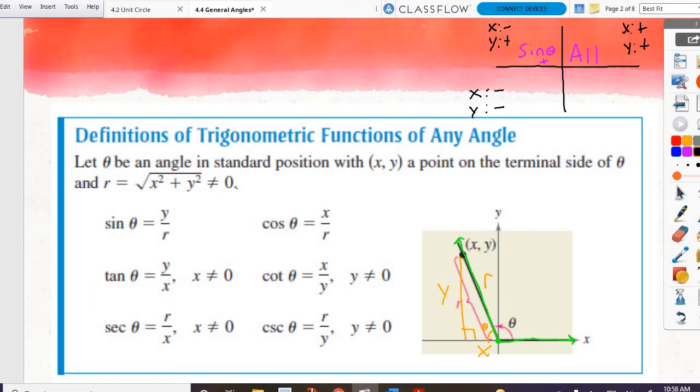Can I end up with a negative if I take the square root of a positive number? No. So r always has to be positive. So if I have a negative divided by a positive, what's sine going to be? Negative. If I have a negative divided by a positive, what's cosine going to be? Negative. But on tangent, if I have a negative divided by a negative, what does tangent end up being? Positive. So tangent is going to be our only positive function.